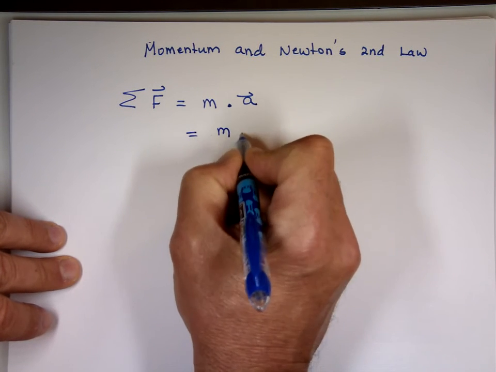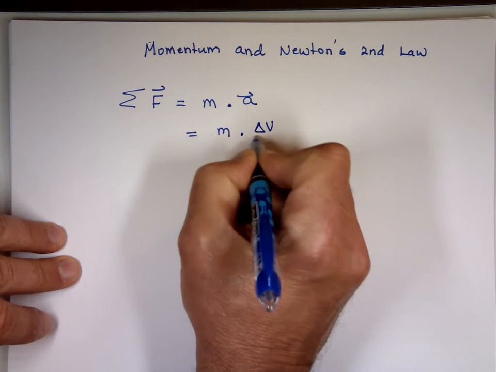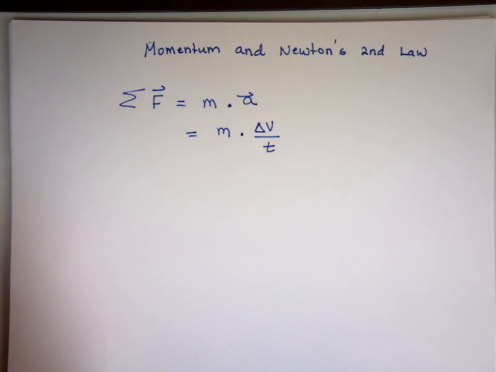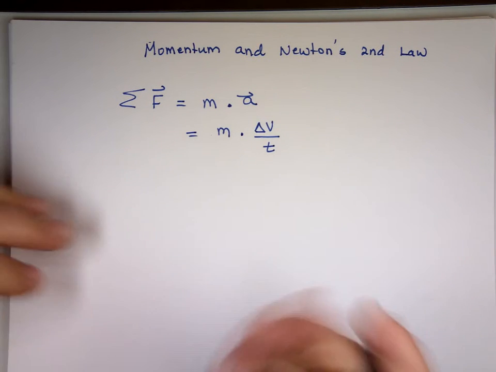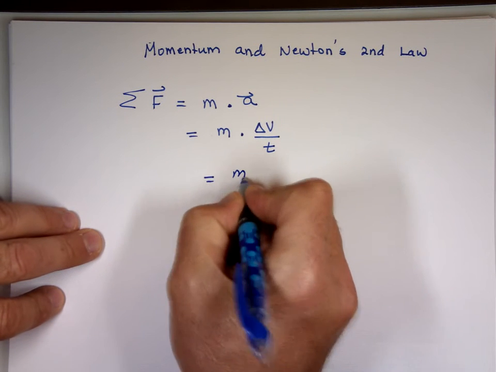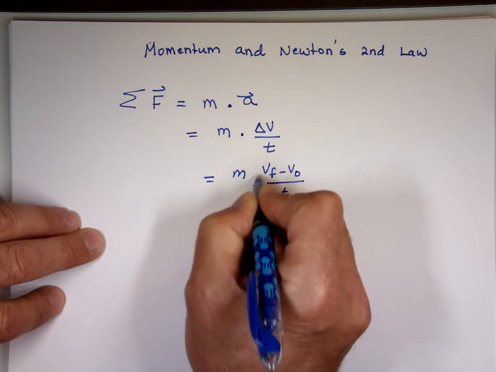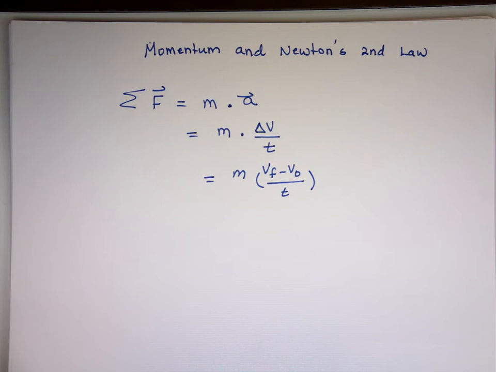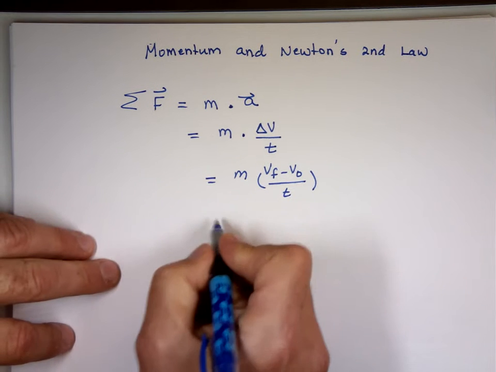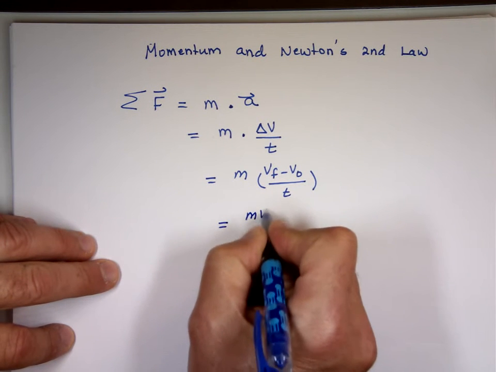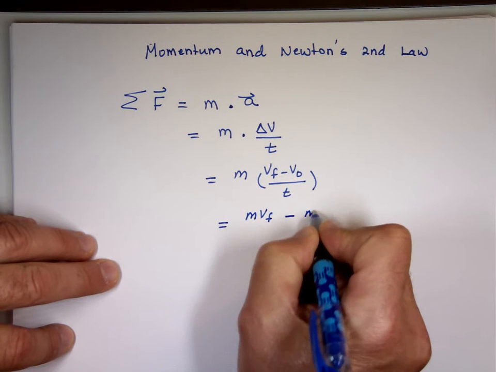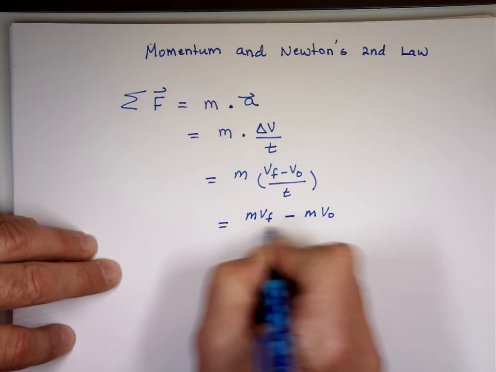So I can say change in velocity divided by time. What does change in velocity mean to you? Isn't that v final minus v initial divided by time? And if you multiply it by m, that'll be m times v final minus m times v initial divided by t.